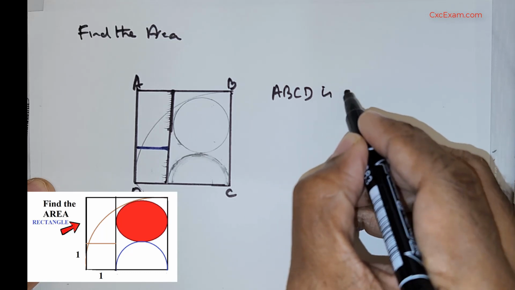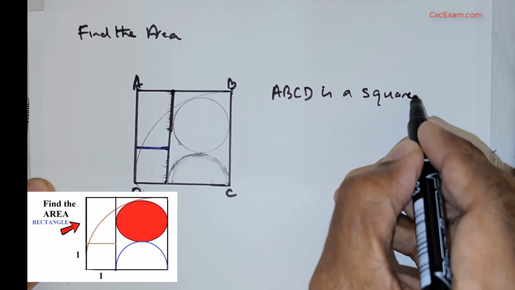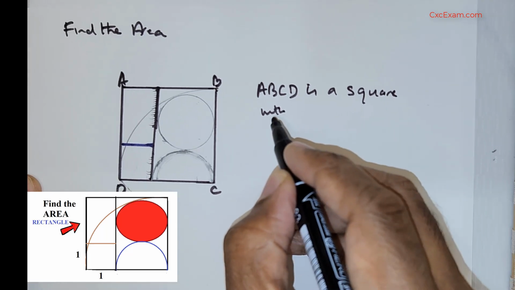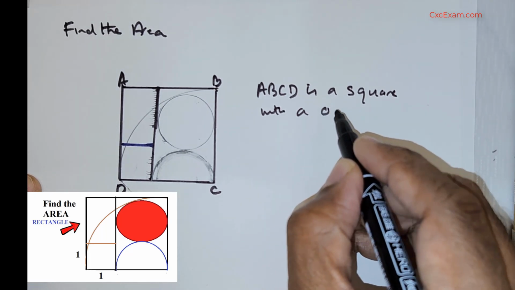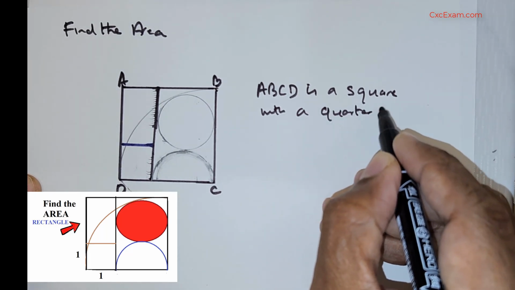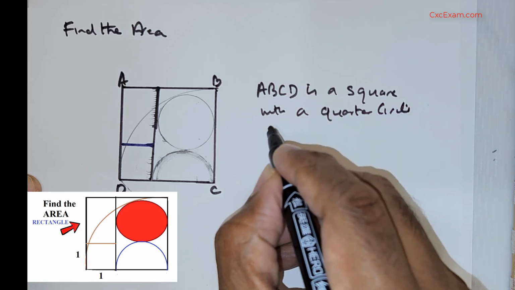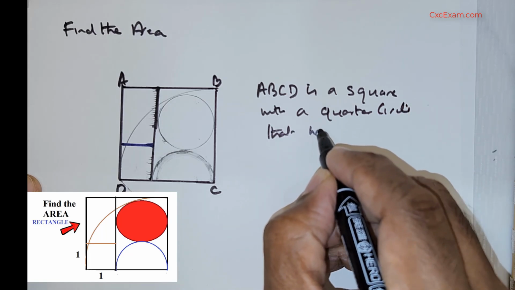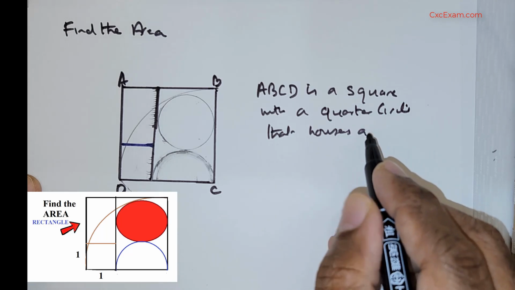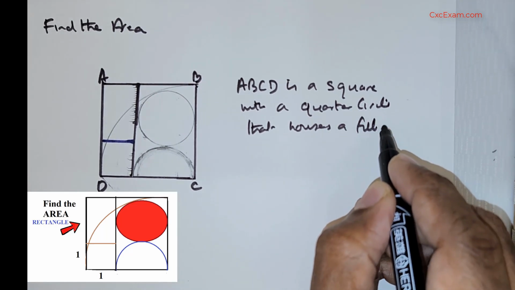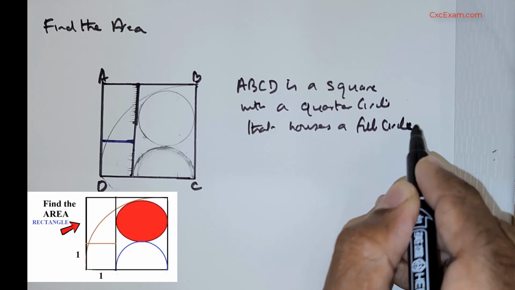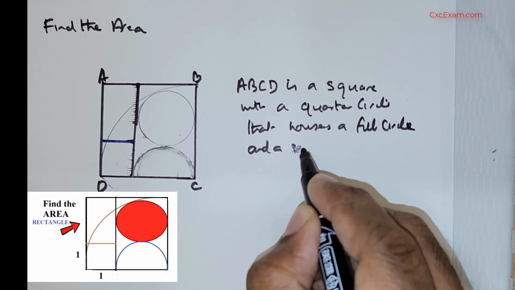ABCD is a square with a quarter circle that houses a full circle and a semicircle.